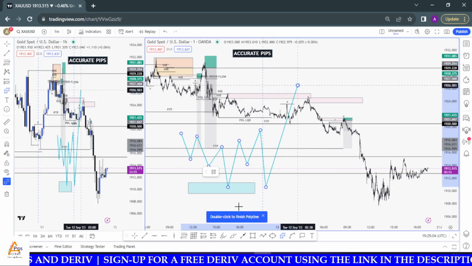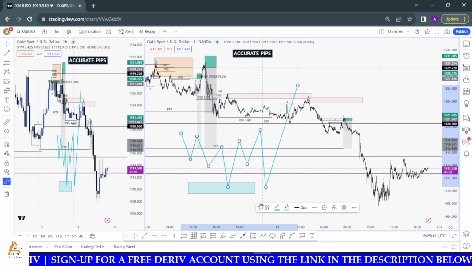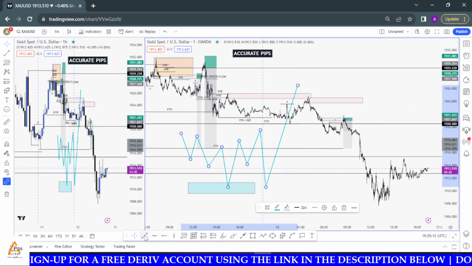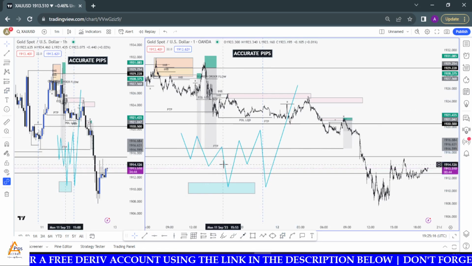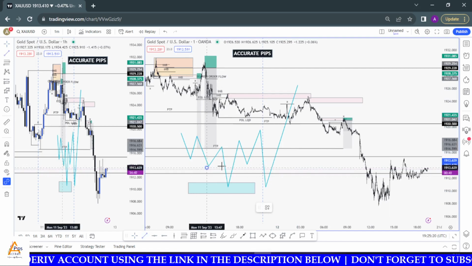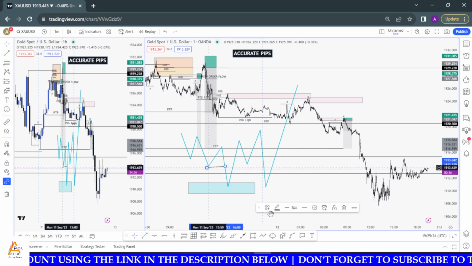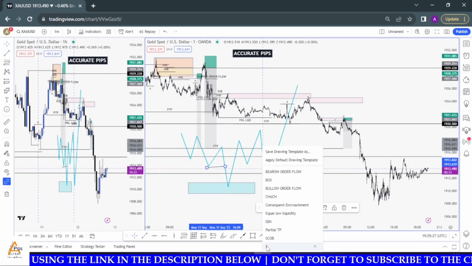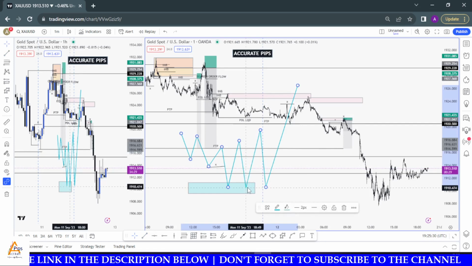But if nothing like that happens, let's say there was a sweep here, then we just take our entry as price reverses here like this.